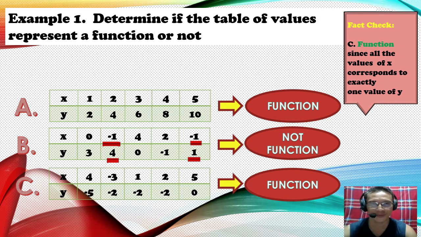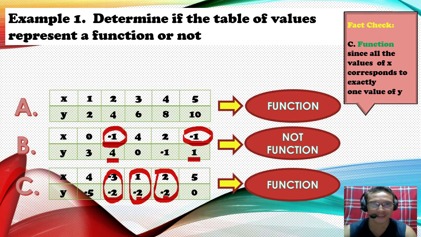Although we have -2 three times here, when it comes to x, each corresponds to exactly one value of y. Unlike the previous one, there is one x value with two y values in it. So therefore, letter C is a function.